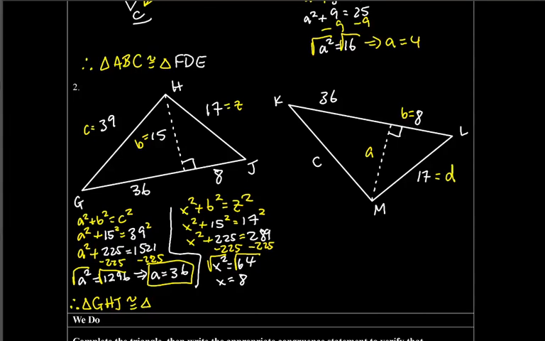An exercise in using different variables. A squared plus B squared equals D squared. A squared plus, we know that's 8 squared, equals 17 squared. All right, so A squared plus 64 equals 289 minus 64.